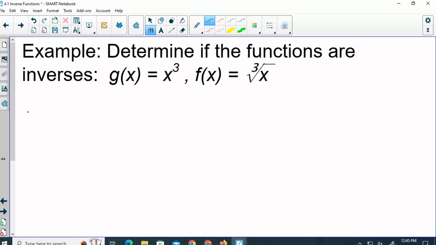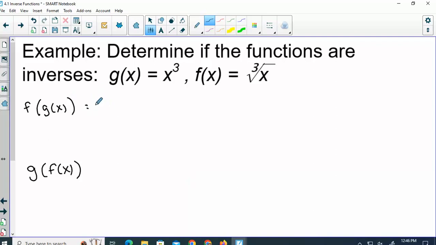So when I compose them, what do we have to get for the answer? x. And it's not enough to check one, you actually have to do both. If we want to verify they're inverses, we have to do both compositions and see if we get x both times. If one of them turns out to not be x, then you can stop and say they are not inverses.